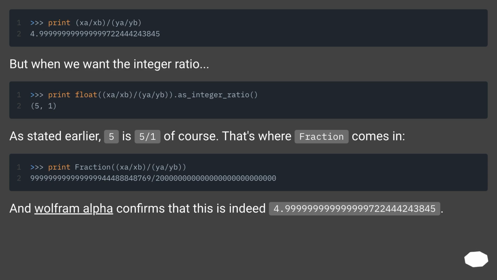And Wolfram Alpha confirms that this is indeed 4.999999999999999722444243845.